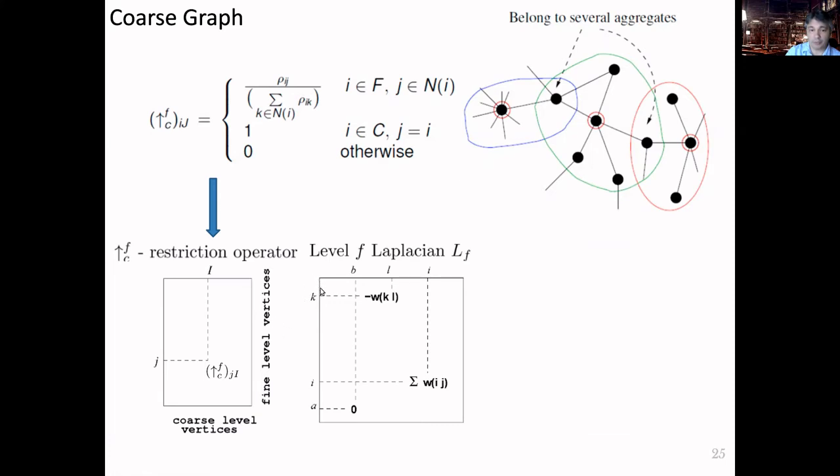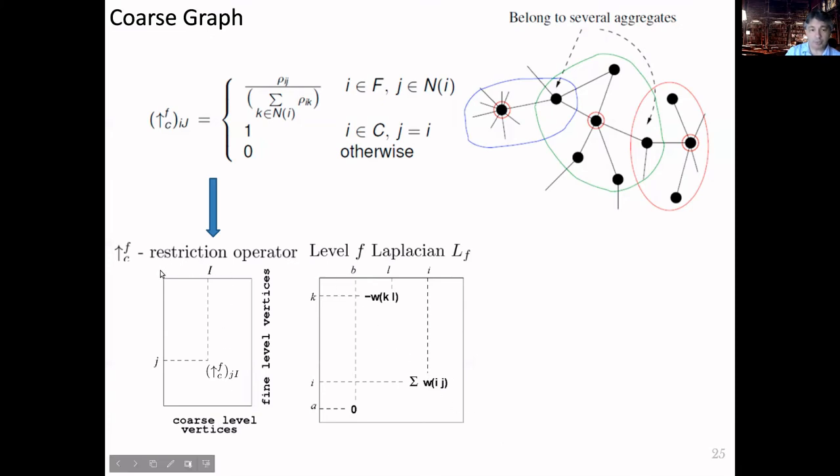So if this is the fine level graph Laplacian, the negative weights of the edges are in the entries where the edges are present, then zero otherwise. If there is no edge, say between A and B, there's a zero, and the total weight of the adjacent edges are on the diagonal.